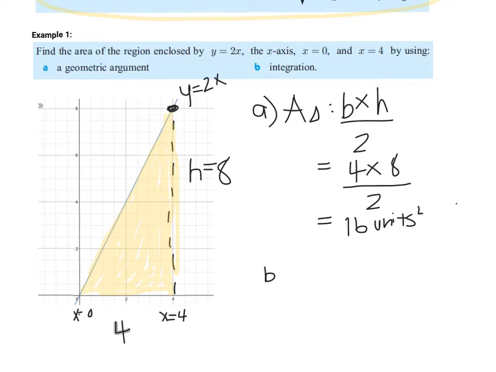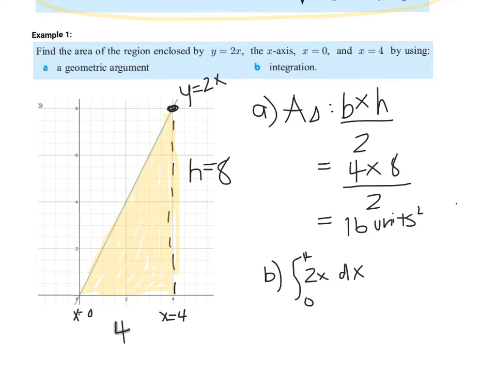Let's take a look from the perspective of integration. So if we're using integral calculus to find the area underneath this curve, what we're really looking for is the definite integral of 2x dx between 0 and 4.